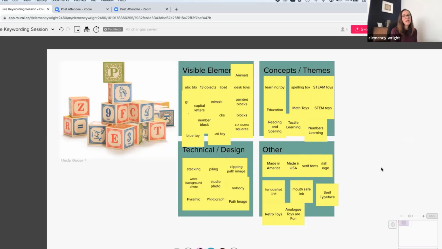I was thinking we don't really have a keyword for, let's say, tradition or vintage, heritage. As opposed to plastic toys and toys that are battery operated, this is a really classic vintage traditional toy. And I think it would be really nice to distinguish that from the more kind of whiz bang electronic toys. So you would probably add something like that as well.